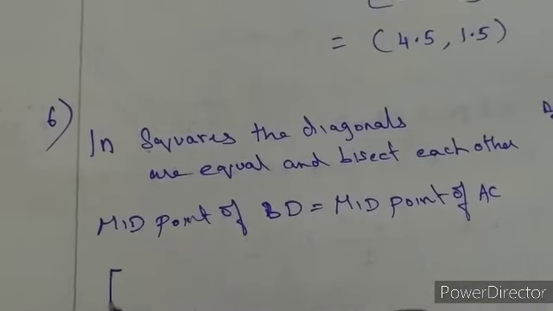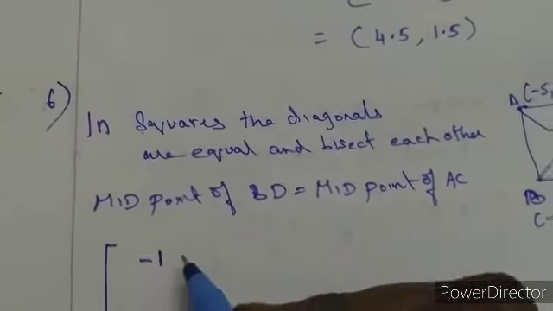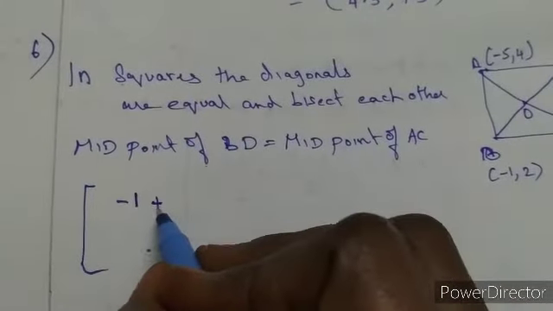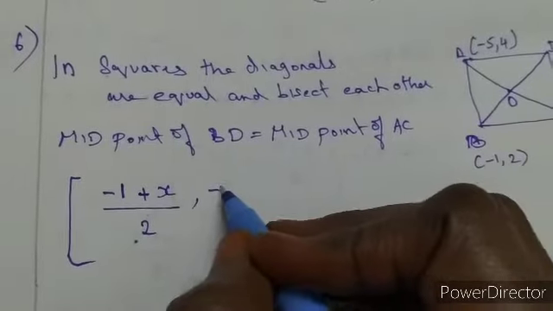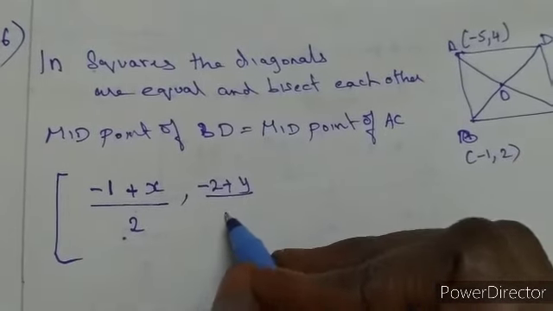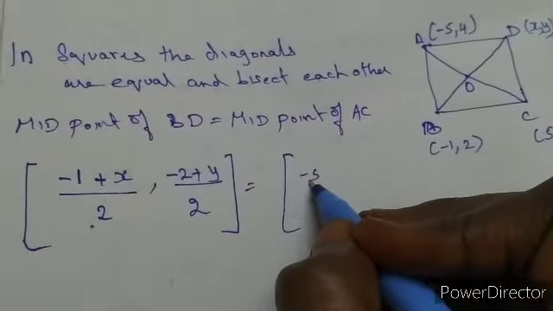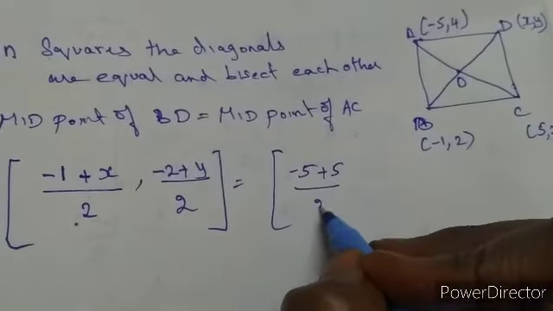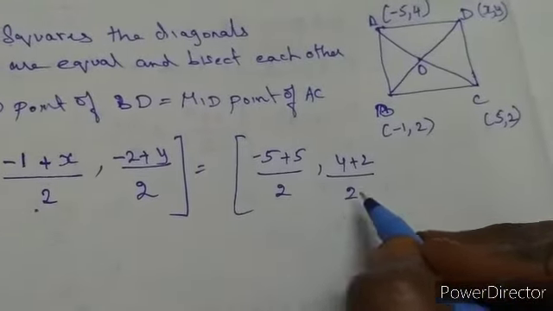The same formula I'm going to substitute here, so I will get ((-1 + x)/2, (-2 + y)/2) equal to ((-5 + 5)/2, (4 + 2)/2).